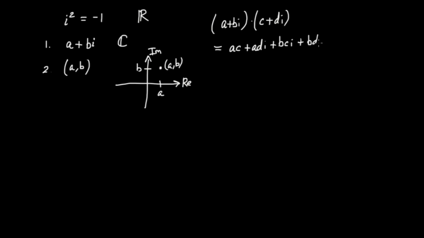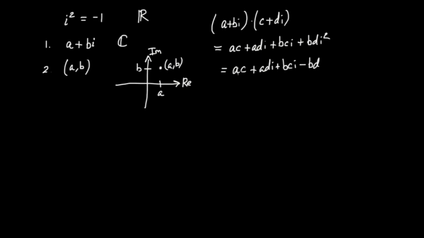So bd i squared. And now let me simplify. I have ac, and then there's not much I can do here, adi plus bci. Now remember i squared, and this is the algebra that we're going to generate, this i squared is going to be minus 1. So this turns into minus bd.